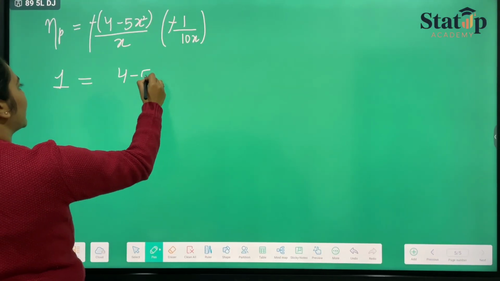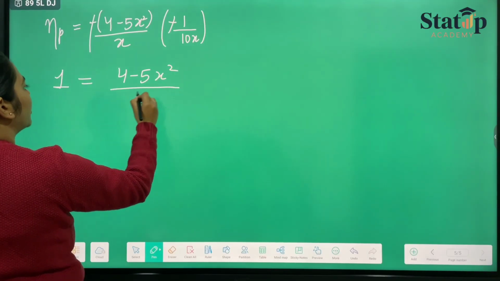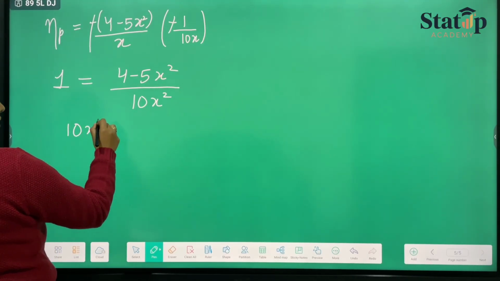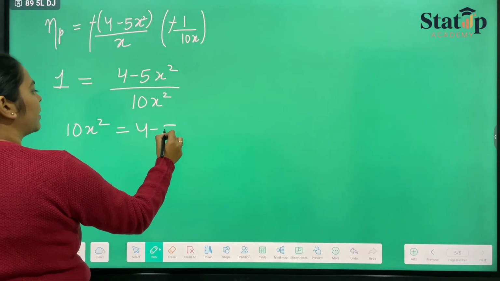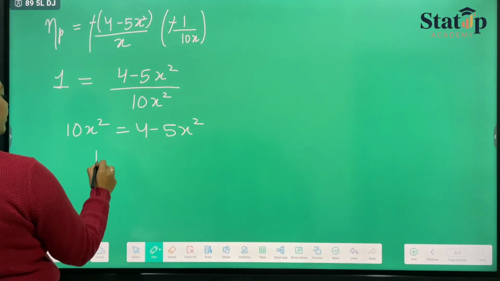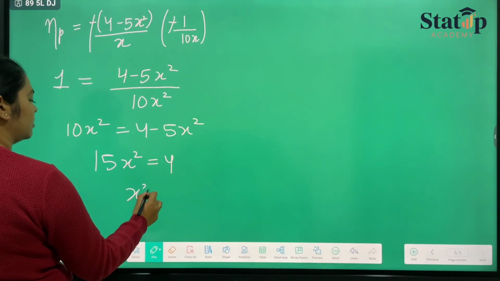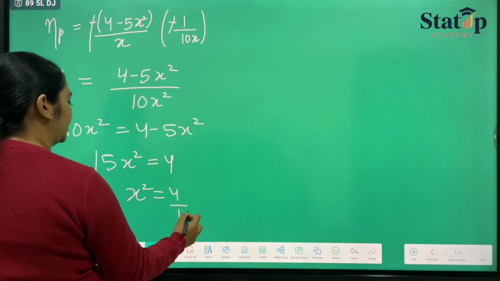4 minus 5x square upon 10x square. So this will be 10x square equals 4 minus 5x square, 15x square equals 4, x square equals 4 upon 15.